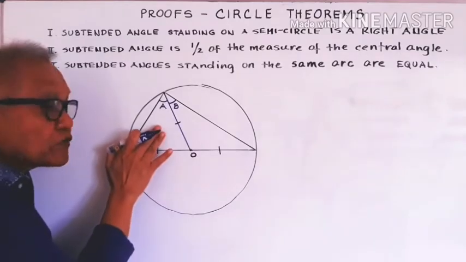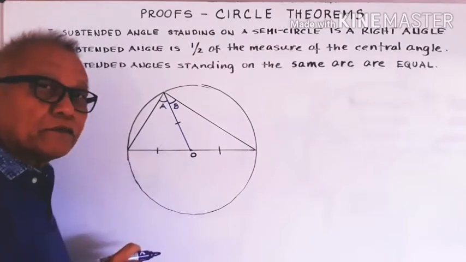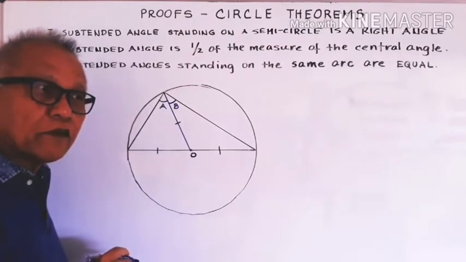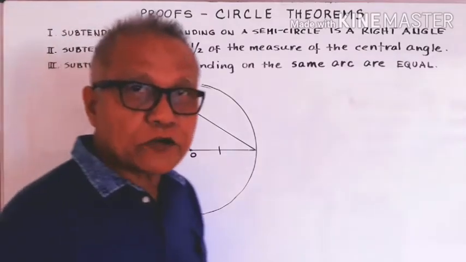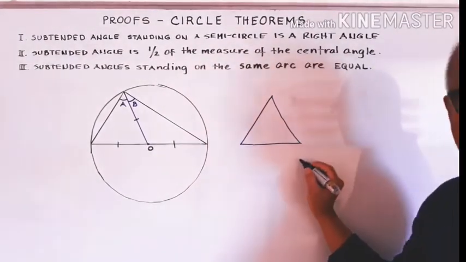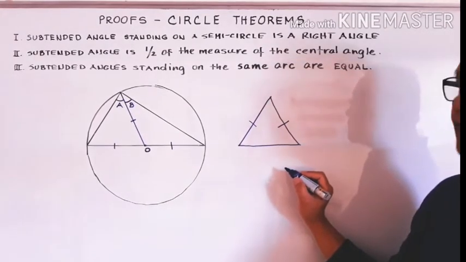Now, let's take this triangle here only. We notice that we have two equal sides. If we have a triangle with two equal sides, what kind of triangle is that? An isosceles triangle. If two sides are equal, that is an isosceles triangle.